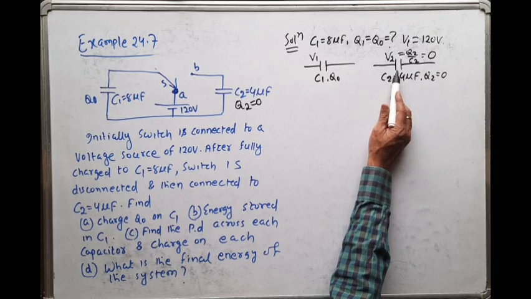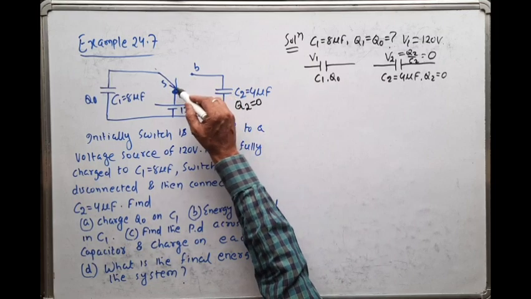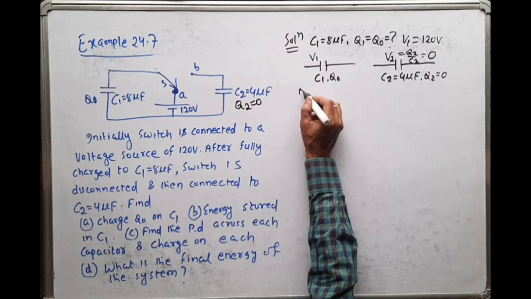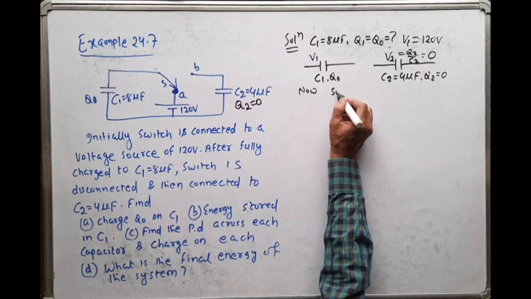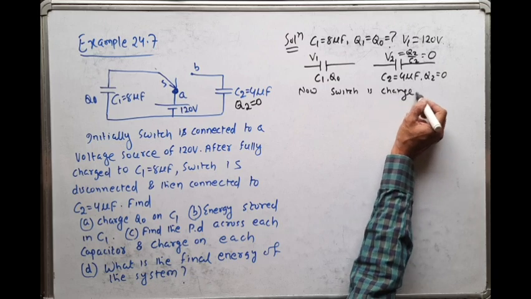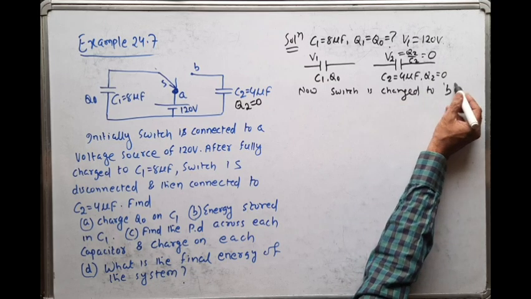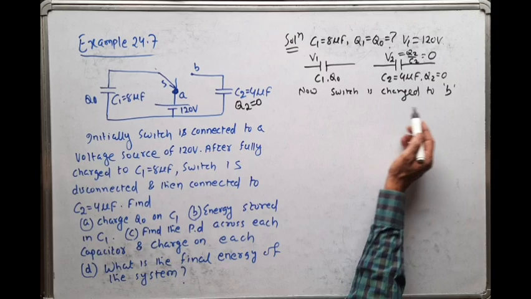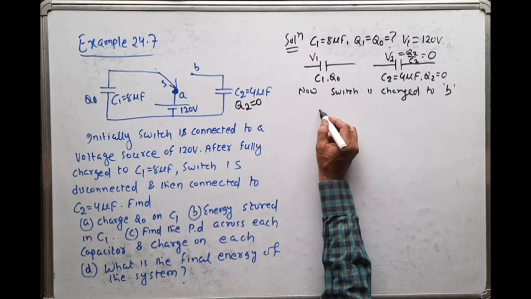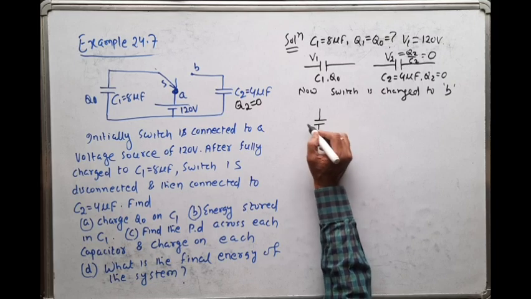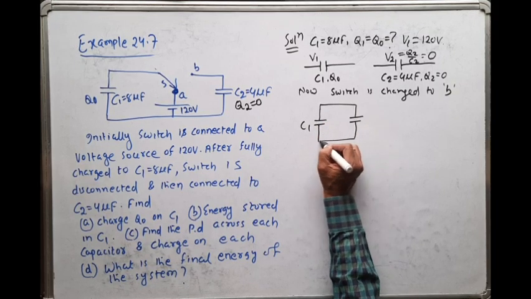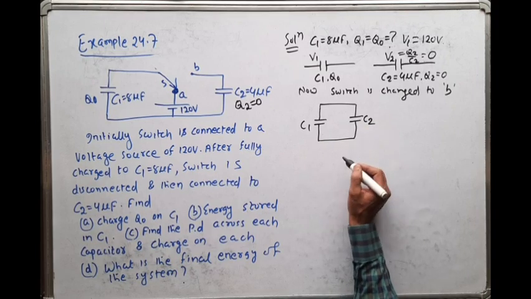Now the switch is changed from position A to position B. If the switch is changed to position B, then this capacitor C1 and this capacitor C2 will be directly connected.